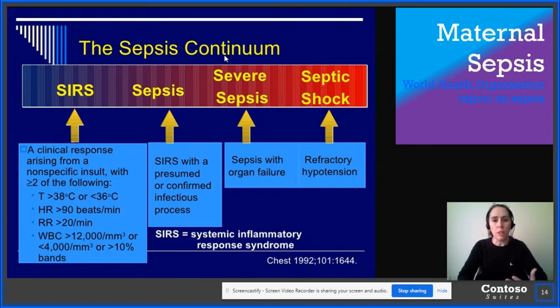As you know, sepsis is a step-by-step occurrence of the infection. Whether it gets into the systemic response or stays in the blood system, whether the blood system gets poisoned and then it goes on to organ failure, or at the very end, the refractory hypotension, septic shock.